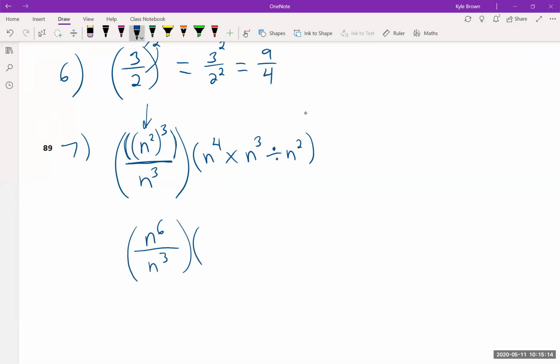And then here, we'll do lots of steps. I could combine these right now too, if you guys are all right with that, because it's all inside the brackets. Okay, let's actually just do that. It'll make life a lot easier. So here we've got n to the 4 times n to the 3 divided by n to the 2.